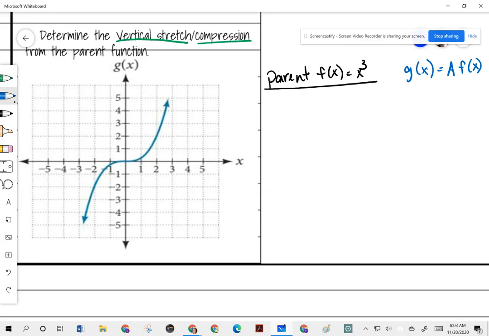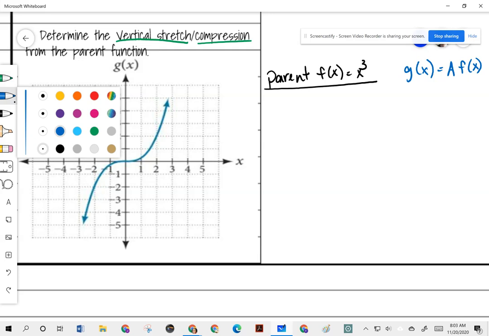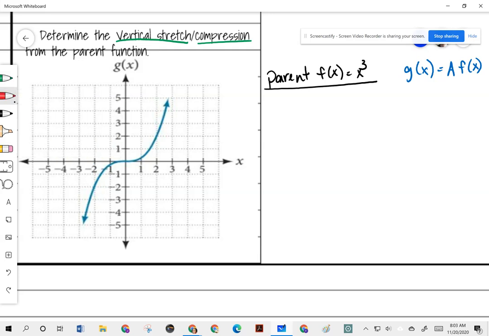So the best way to approach this is to find a nice point on the graph that intersects clearly. I would recommend staying away from 0, 0 because when you're multiplying anything by 0, you're going to get 0. But we can definitely use that 0, 0 point later to kind of check.